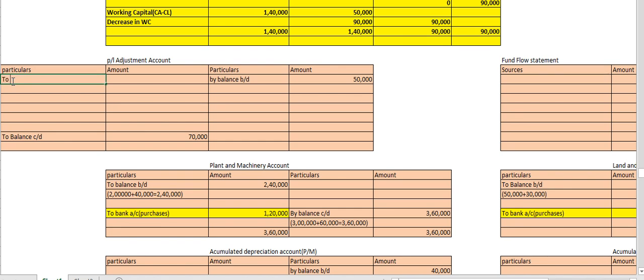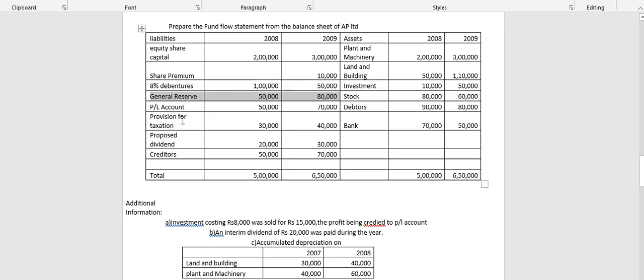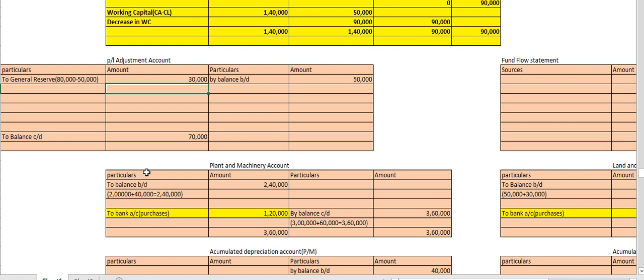To general reserve, 80,000 minus 50,000, which is equal to 30,000. Next we have the adjustment wherein they have given an interim dividend of rupees 20,000 was paid during the year.